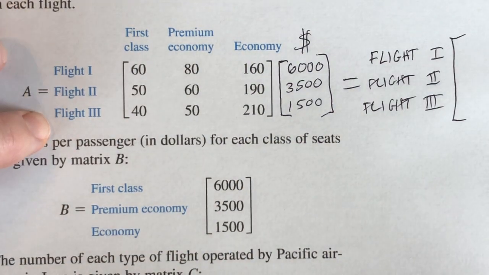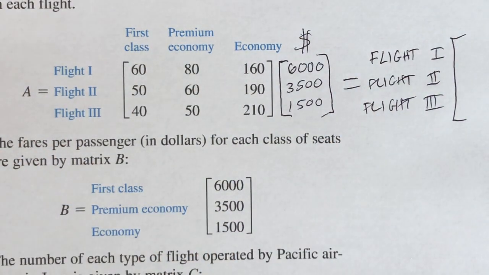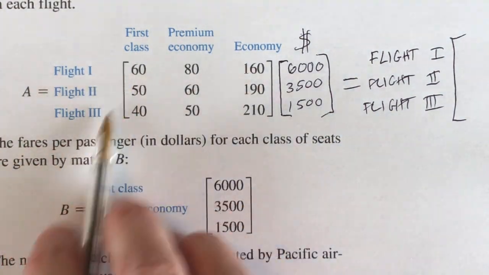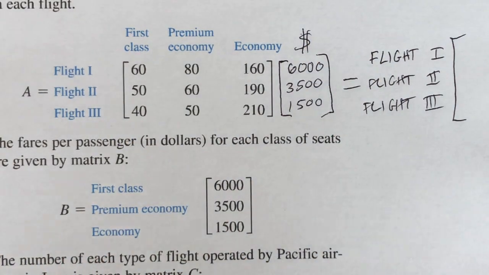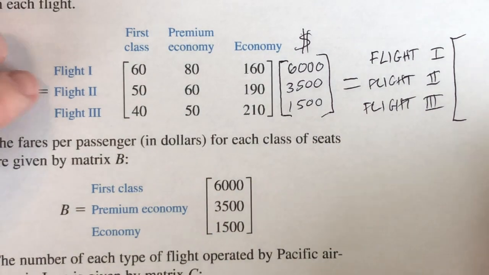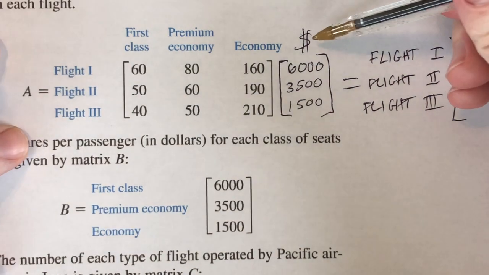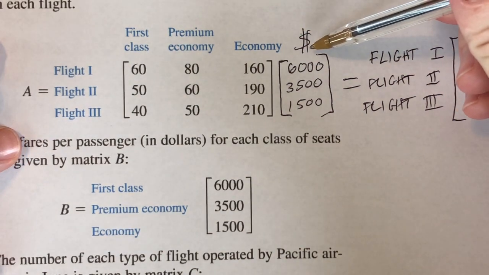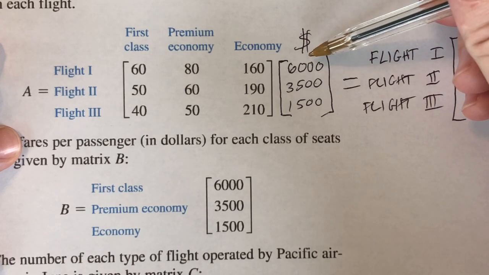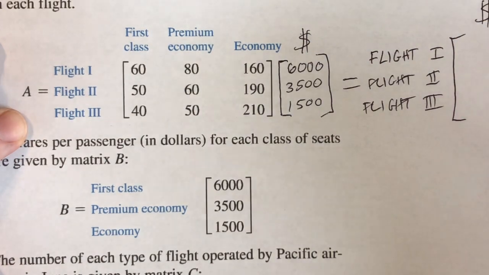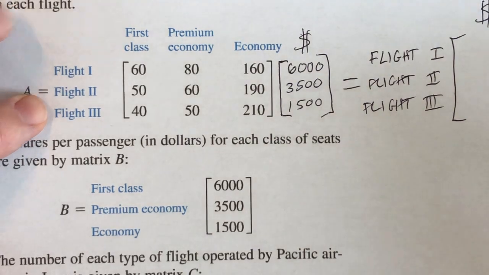Remember, when you multiply two matrices together, the outermost entries, the number of rows in the first matrix and the number of columns in the second matrix, will give you your resulting size. So the units here that represent the number of rows in matrix A, and the unit here that represents the column in matrix B, will actually be your units in your answer. So let's see if we can figure this out.